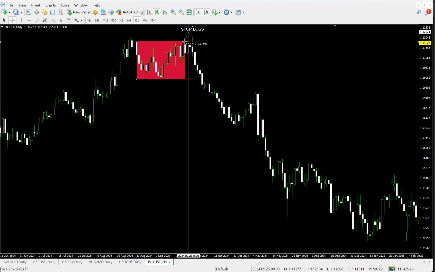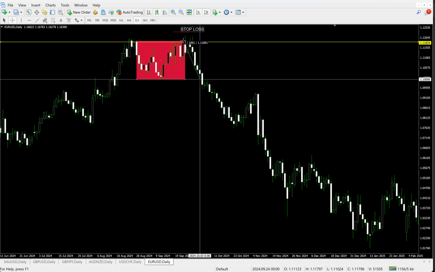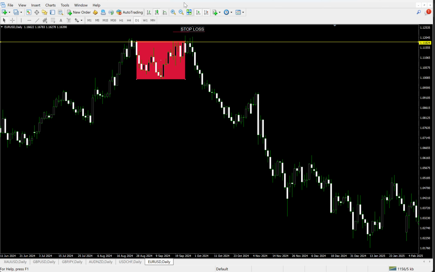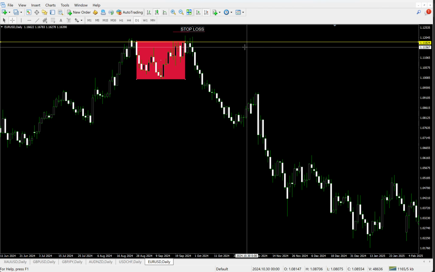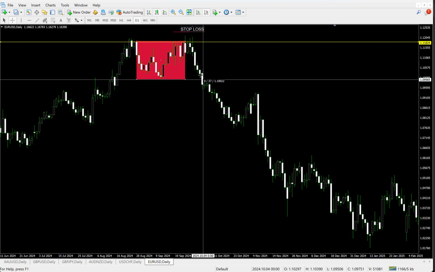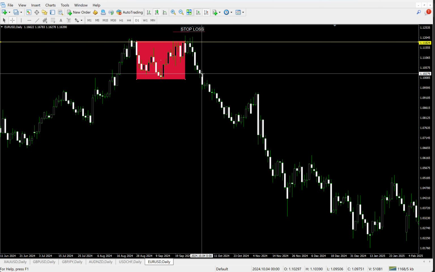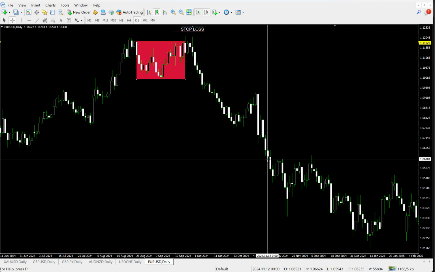So it will have again 47 pips stop loss, and potential profit we can fix on the opposite side of the box, which will be approximately 189 pips. Or we can also close one half of the position once we reach the opposite side of the box, and the other half of the position we can set to break even and trail this trade.